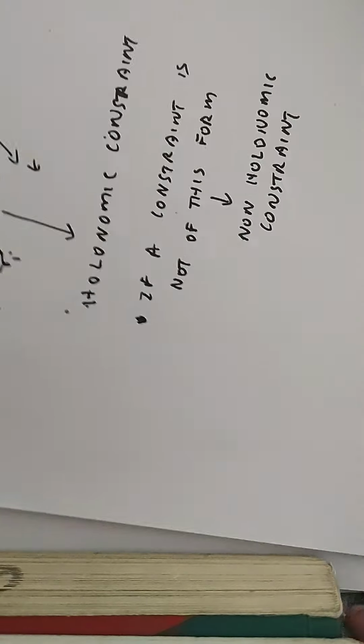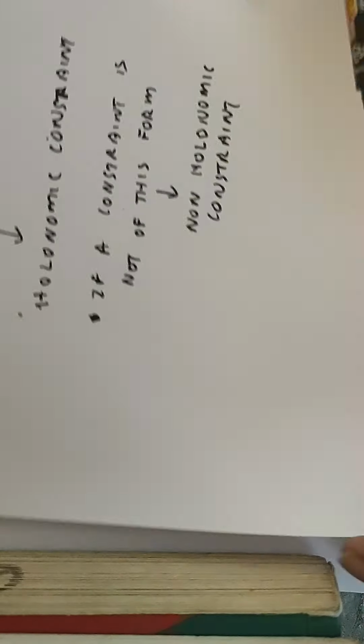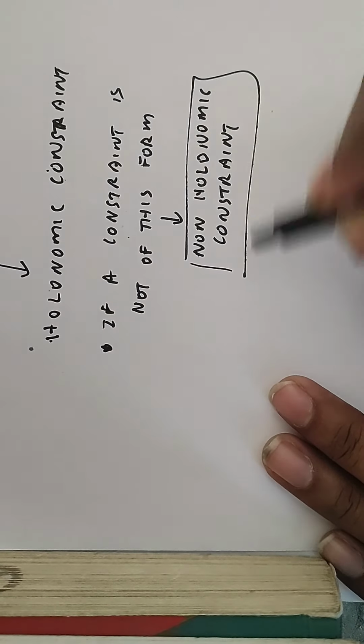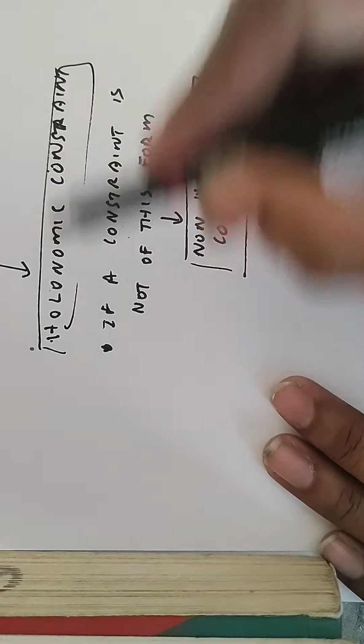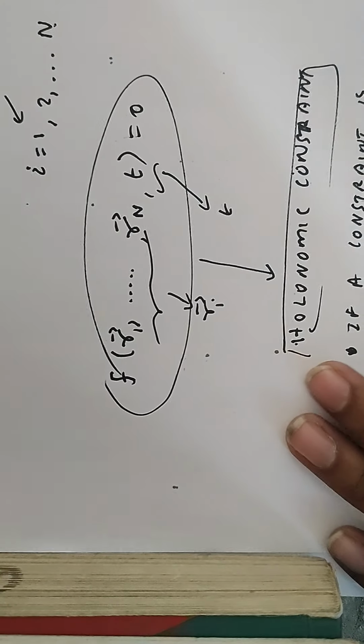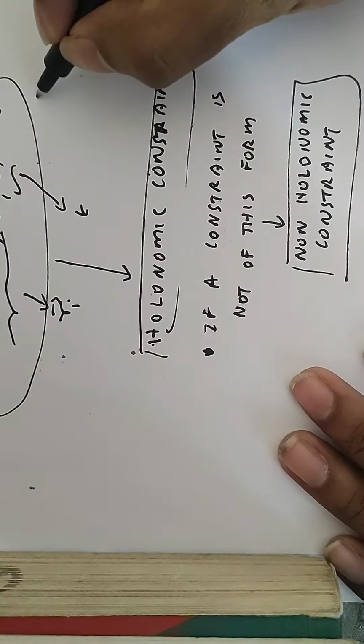So let me write it down. Okay, so this is a non-holonomic constraint. If a constraint is of this form, we call it a holonomic constraint.